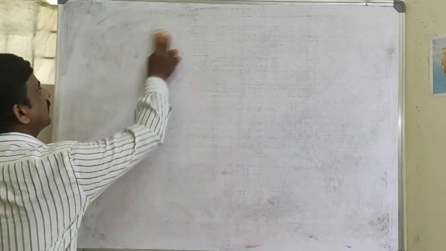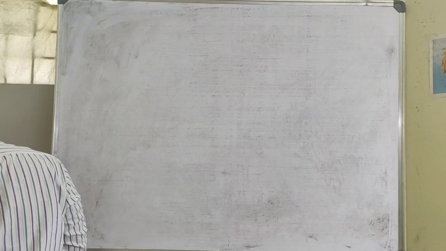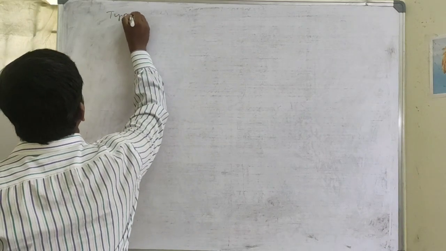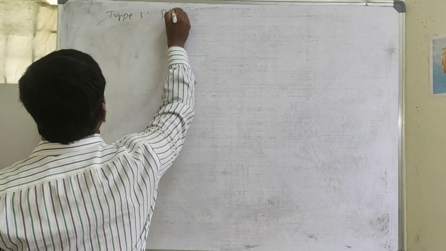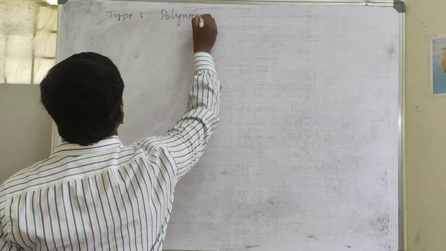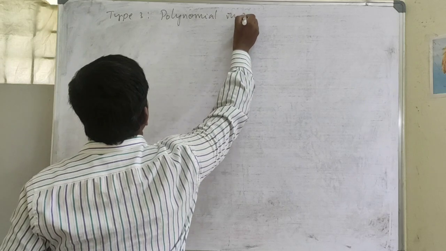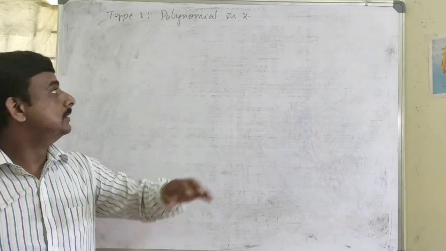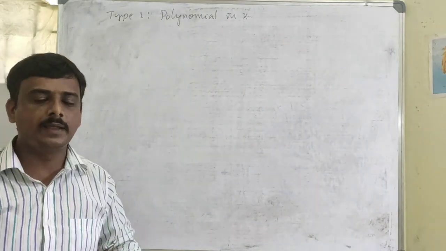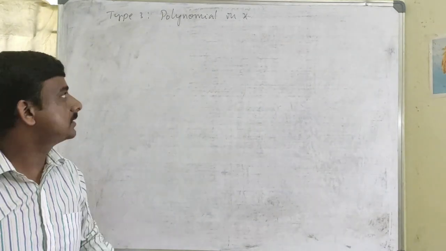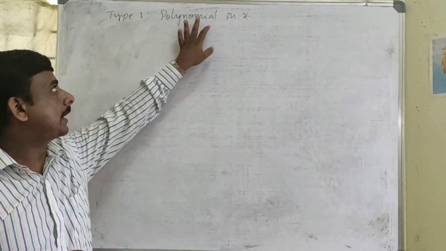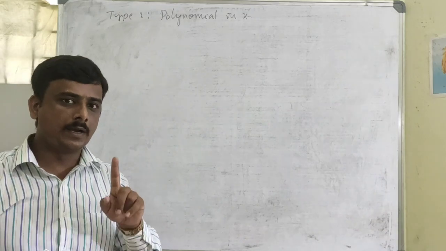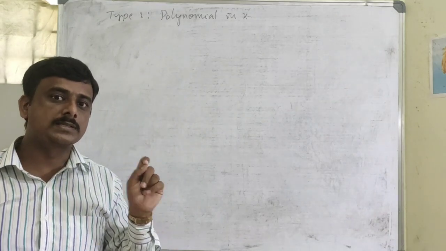Next, third one, type 3, polynomial in x. In this case, to find the solution, you have to divide this polynomial phi of x by f of d. While dividing, write the polynomial in x in descending powers of x and f of d in ascending powers of d.